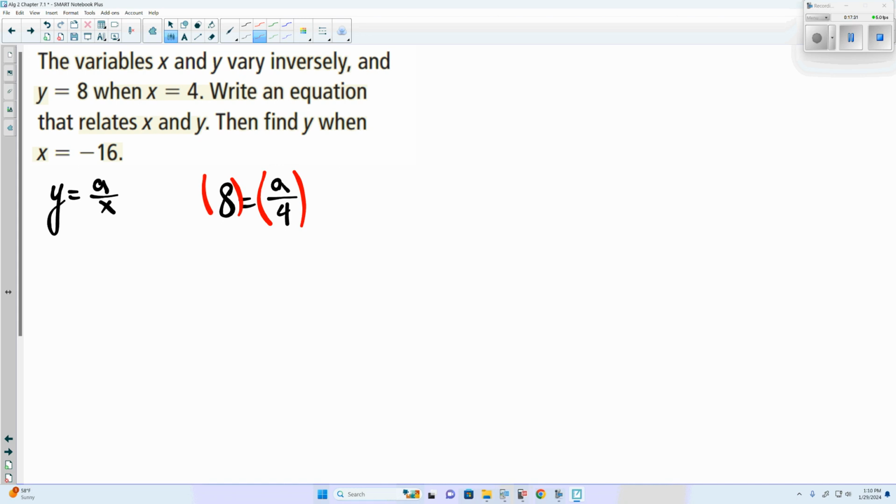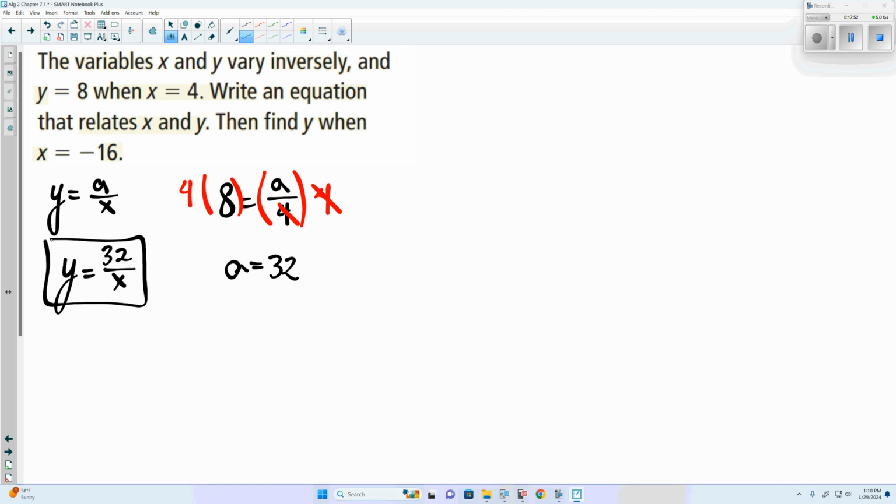And we do that by multiplying both sides by 4, because here the 4 and 4 will cancel. 8 times 4 is 32. So our equation is y is equal to 32 over x.